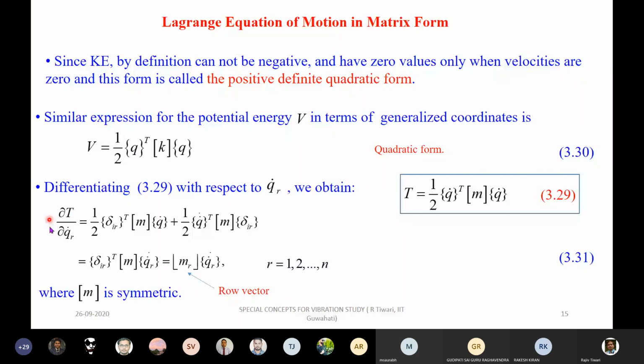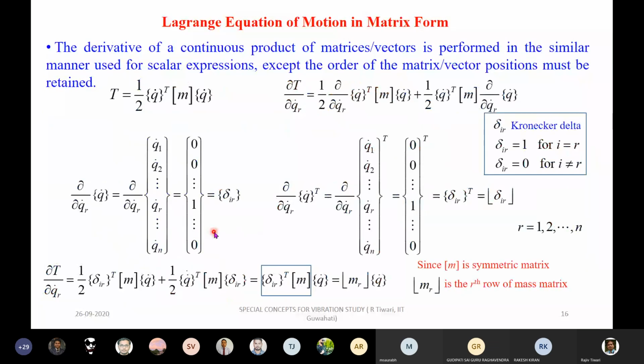I think I stopped at this point in the last class. This is the differentiation of the kinetic energy expression. I'll take the next slide so it will be clearer how I got this. So this is the kinetic energy.